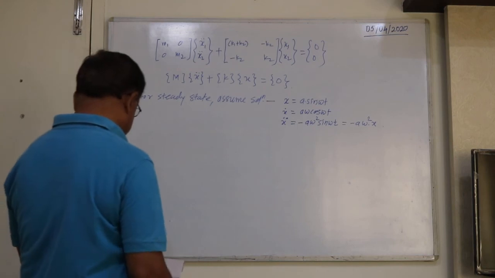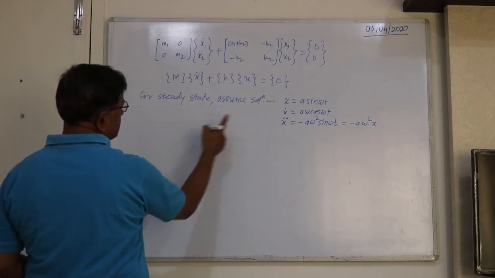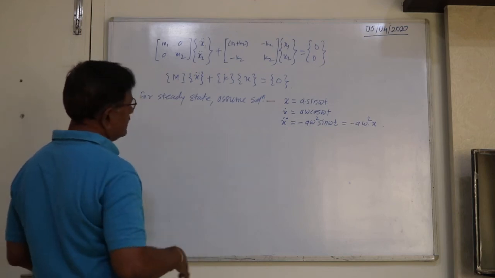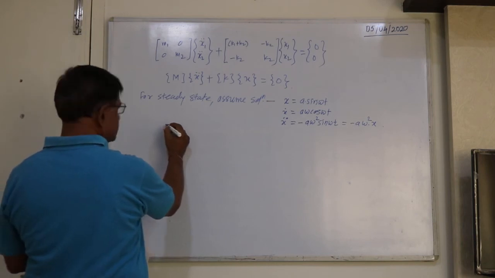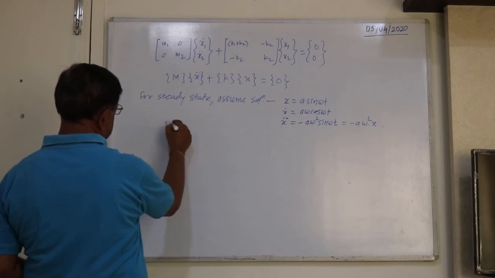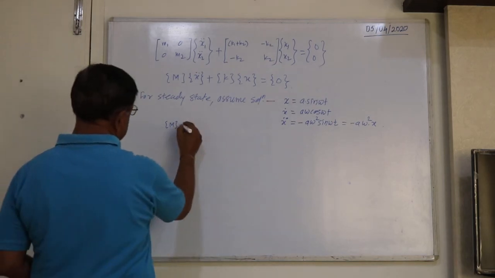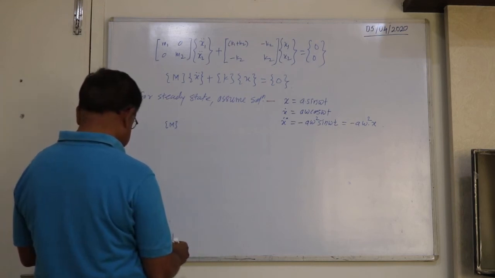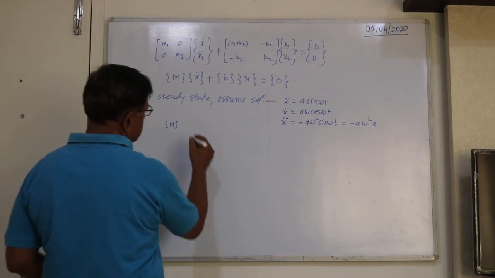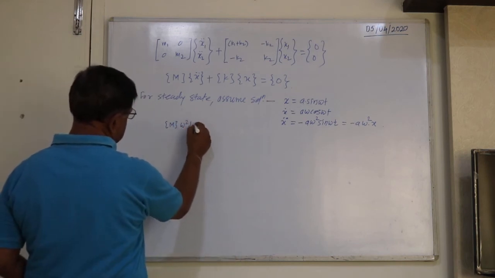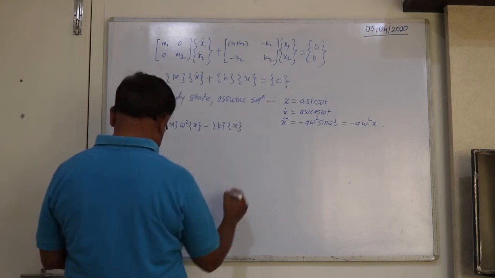Now substituting the assumed solution into the differential equation, we get M times minus omega square x, where a gets cancelled, plus K times x equal to 0.